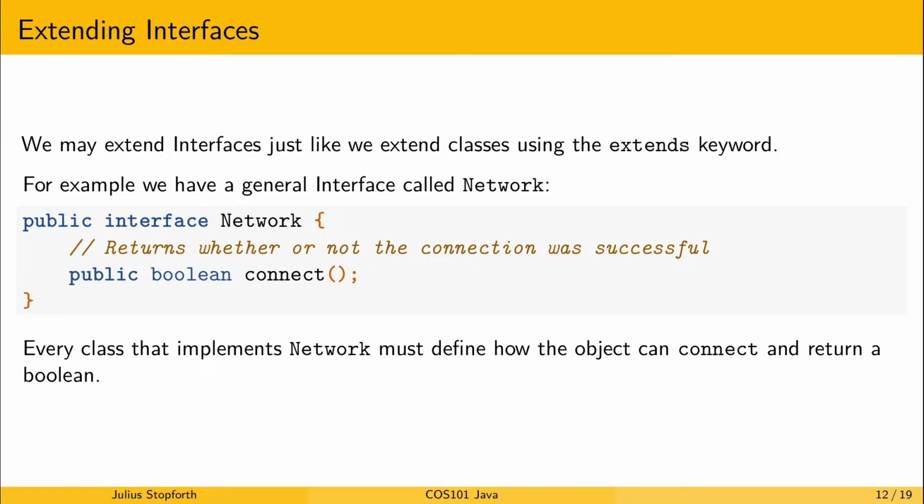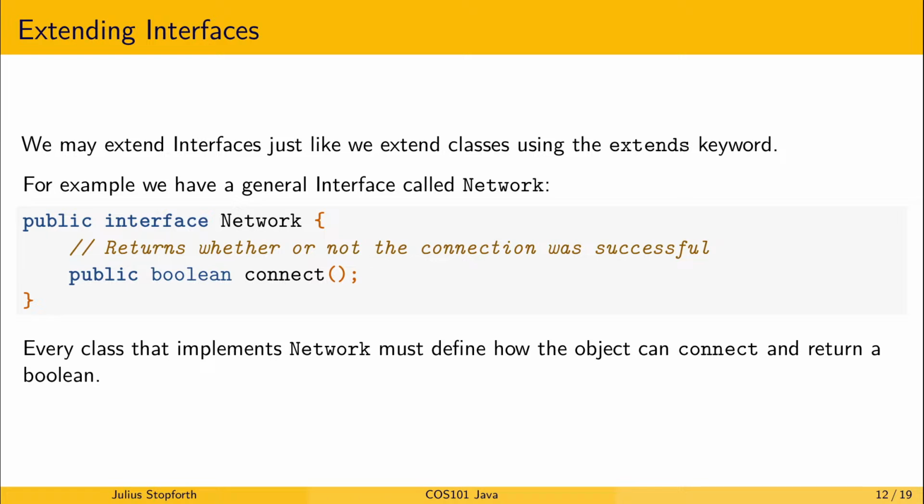Something like the internet or the mobile phone network, or even in the future, like a shared brain network, the matrix, like all these things are networks. So we have a general interface called a network, and the method we set out in the network interface is a connect method, which returns a Boolean that says whether or not the connection was successful. So now, every class that uses the network interface must define how that object connects and returns a Boolean. So that's the basic idea.